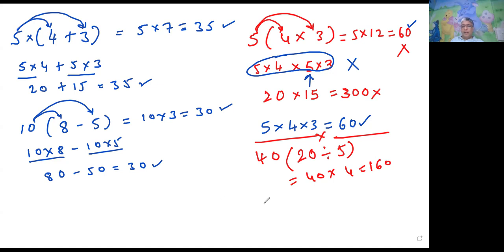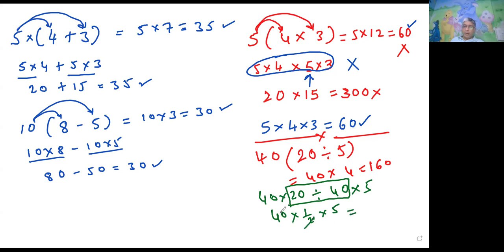But if you distribute here, what will happen? 40 into 20 divided by 5: first this will be operated first because of the BODMAS rule. 40 into 1 upon 2 into 5. So this will be 20 into 5, which will be 100, which is not there.